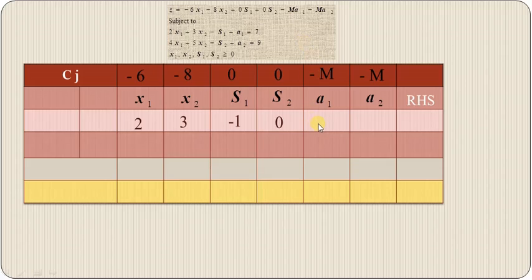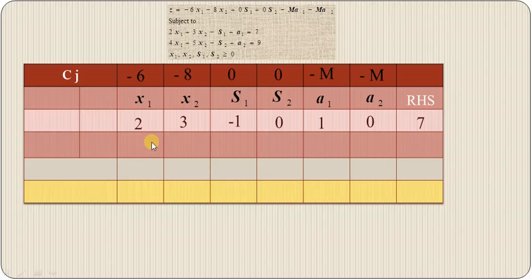Similarly for a1, a1 is there in the first equation, so you can write 1, and a2 is not in the first equation, so we can write 0. So RHS of the first equation is 7, so you can write 7. I repeat, you have to write all these numbers from this first constraint equation. That's why I can write here 2x1 plus 3x2 minus s1 plus 0s2 plus a1 plus 0a2 equal to 7.